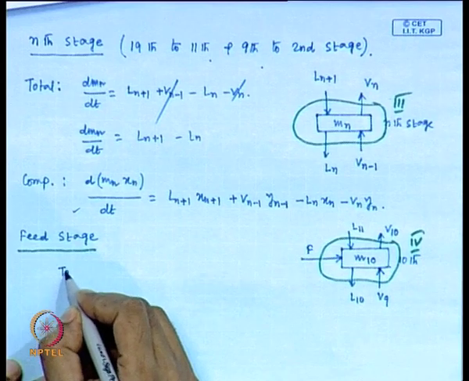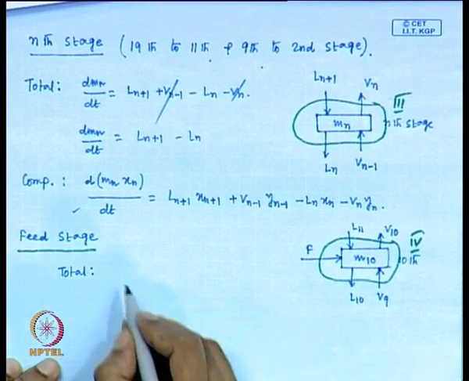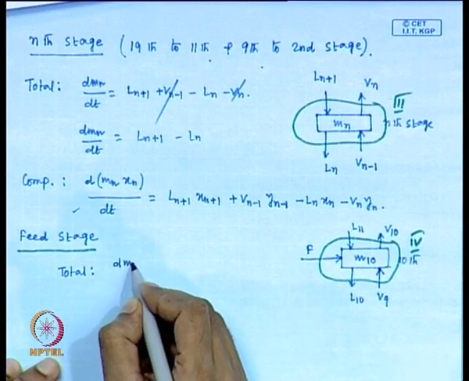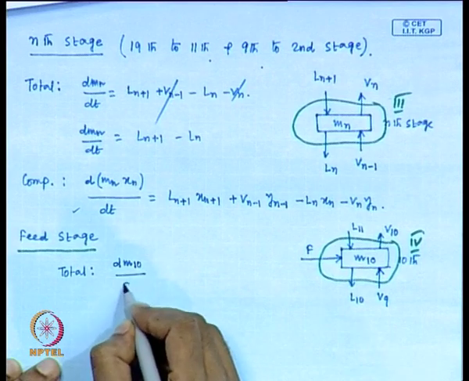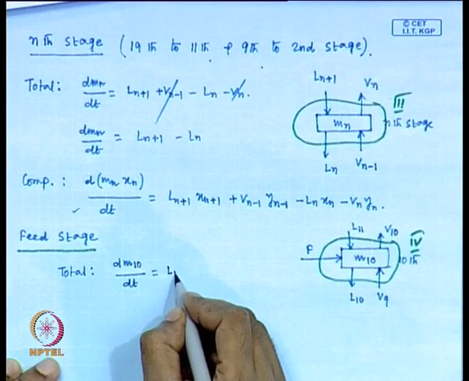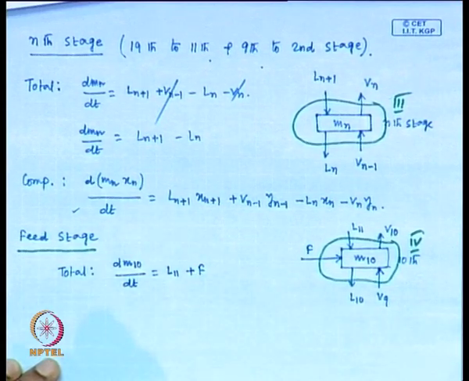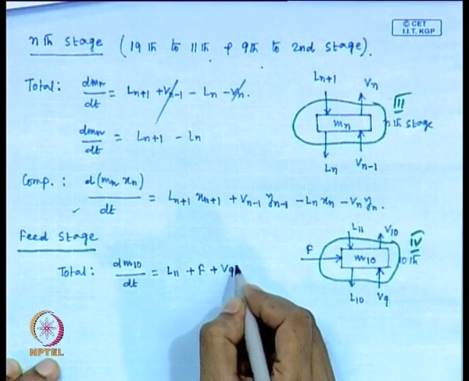So, what will be the total mass balance equation? The total mass balance equation will be dm10/dt equals L11 plus F plus V9.